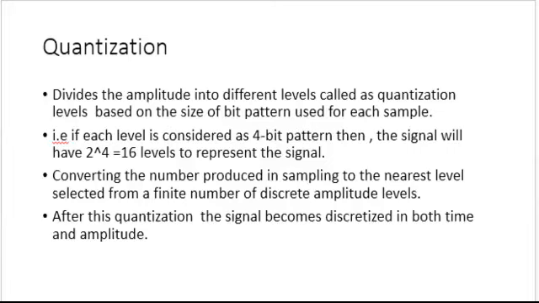Basically, in quantization you divide the amplitude into different levels, which is decided based on the bit pattern you use for that signal. If I use a 4-bit pattern, the amplitude is divided into 2 power 4, equal to 16 levels, and each corresponding amplitude is rounded to the nearest level amplitude.